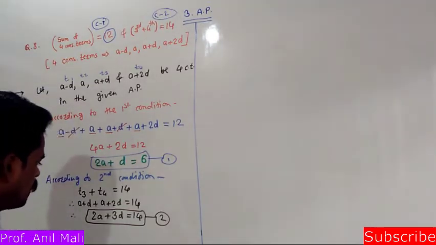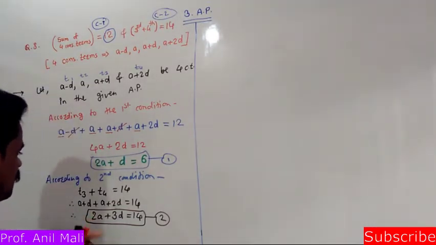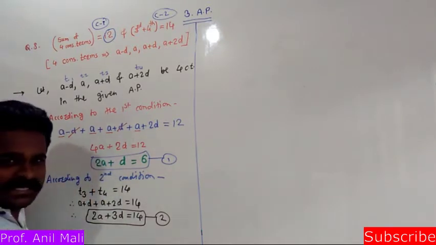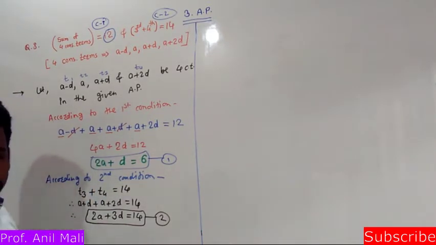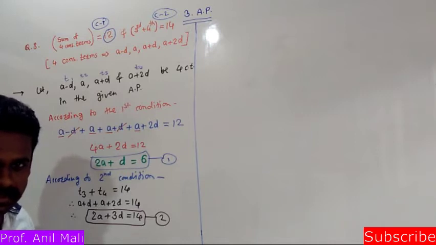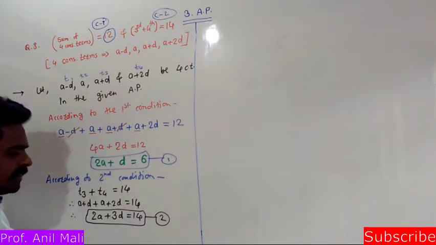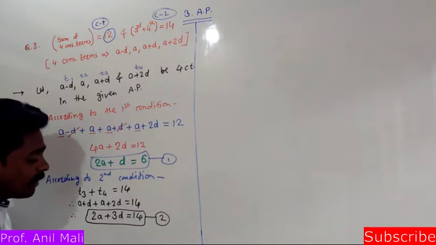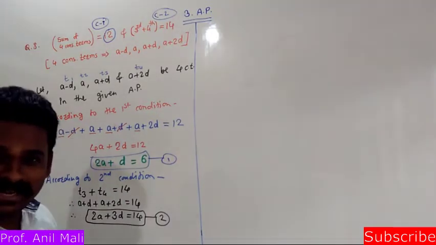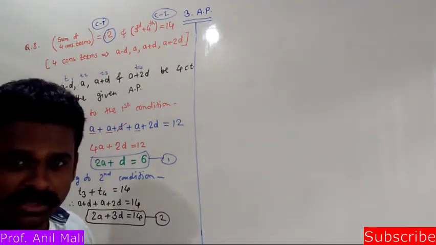How do we use it? These two are simple linear equations and we know how to solve linear equations just with the help of subtraction of these two equations. First we have to check, is there any variable with the same coefficient?